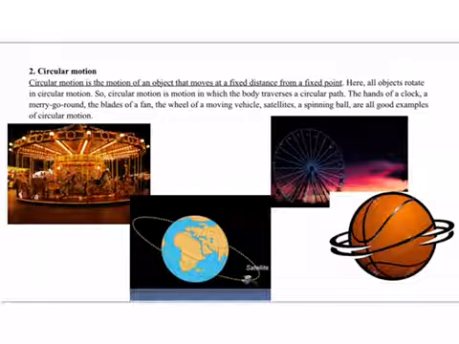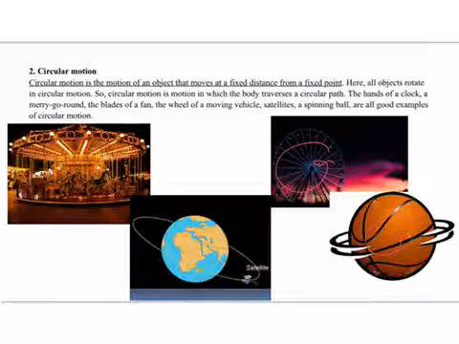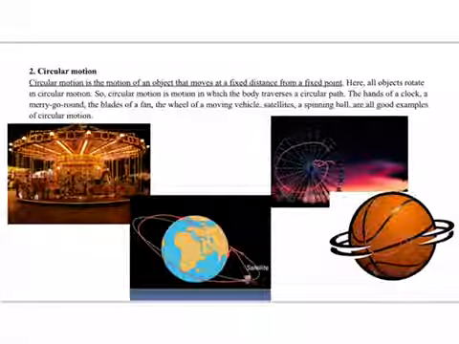Here all objects rotate in circular motion. So circular motion is the motion in which the body traverses a circular path. For example, a merry-go-round, a wheel, a spinning ball, or a satellite moving in a circular motion around a planet.